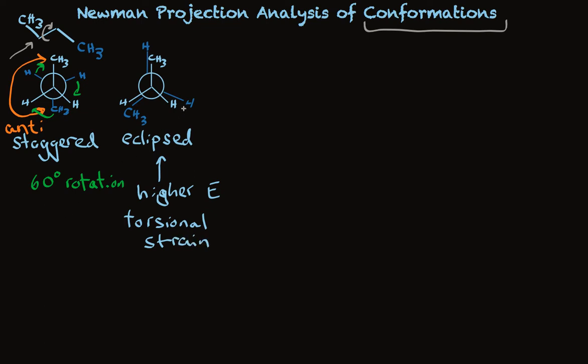Keep rotating those atoms in the back. Another 60 degrees. We'll get to another staggered conformation. But this one is different from that one, isn't it? In this one, the two methyl groups are no longer anti, but rather they have a special relationship which is called gauche.